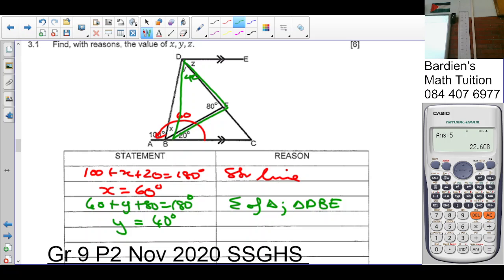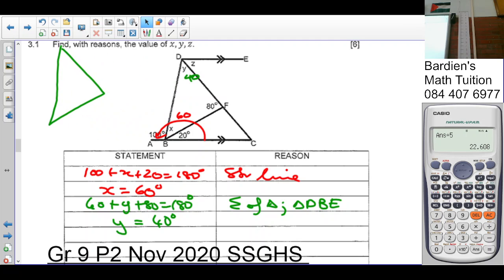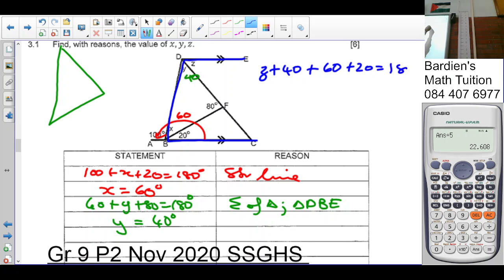How do you calculate z? Co-interior angles, not so? So you say z plus 40 plus 60 plus 20 equals 180. Why? Co-interior with DE being parallel to AC.